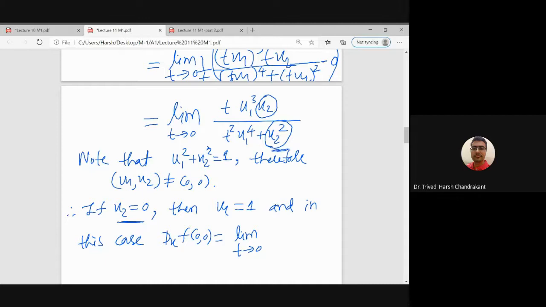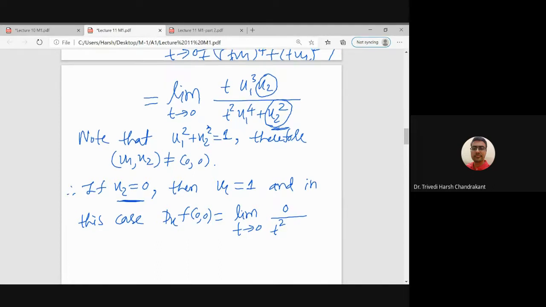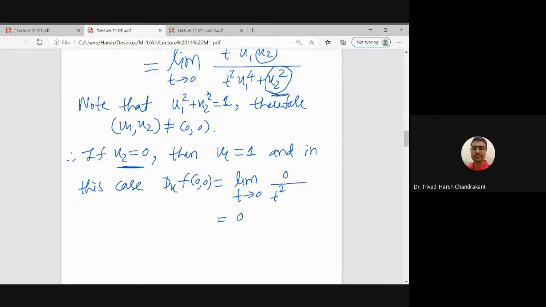Similarly this term is 0 and u1 is 1. So what essentially we get is 0 divided by t square, u1 is 1 and u2 is 0. So essentially what we get is 0, because it is limit of t tends to 0 of 0 term, and limit of 0 is 0. 0 is a constant. So in this first case, whenever we have a point u1 comma u2 in which u2 is 0, the directional derivative is 0.